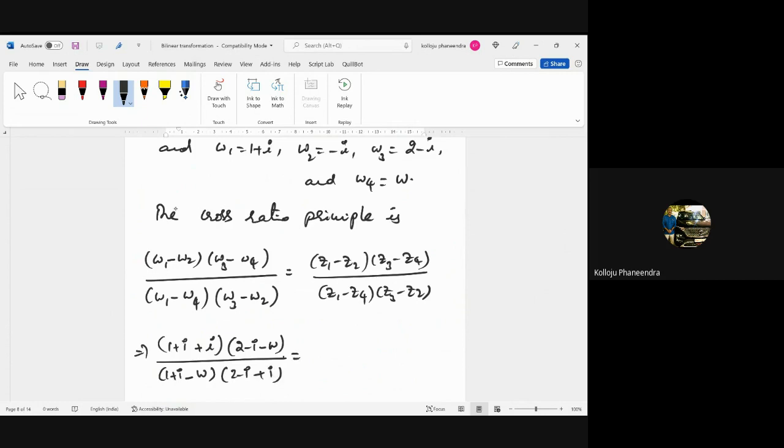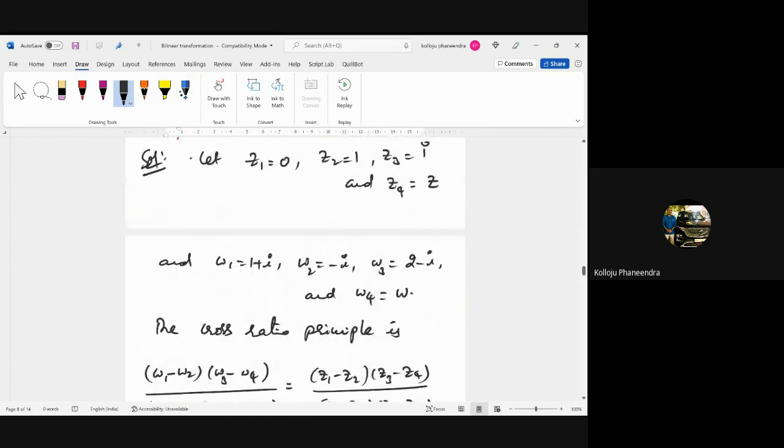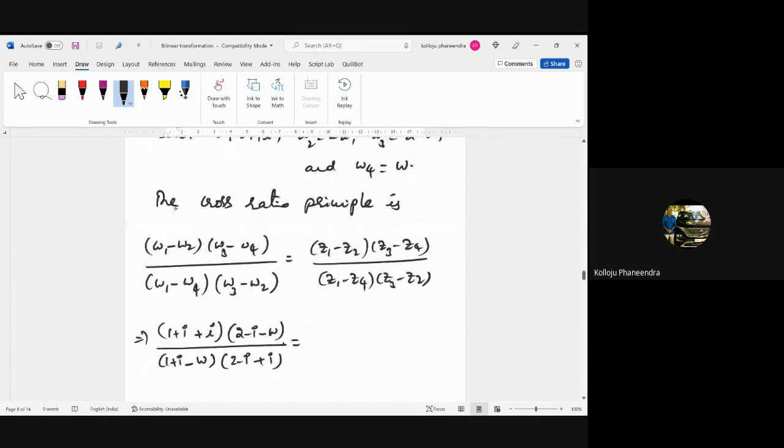Coming to Z terms, what is Z1? Z1 is 0. 0 minus Z2, which is 1. Next, Z3 value is I, Z4 value is Z, and this is 0 minus Z. Z3 value I minus Z2, Z2 value is 1.